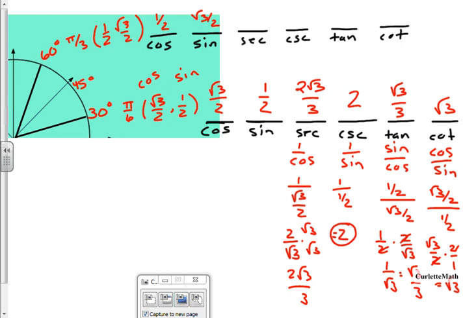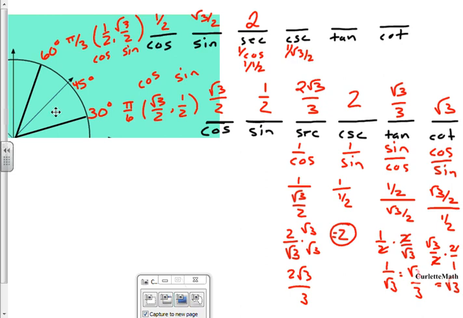Now secant doesn't change, it's still 1 over cosine. So here we're going to have 1 divided by 1/2, which is going to give us 2. Our cosecant is going to be 1 over sine, and our sine value is going to be the square root of 3 over 2.